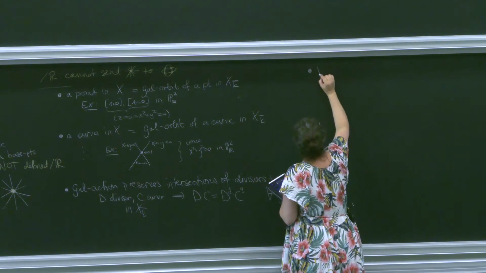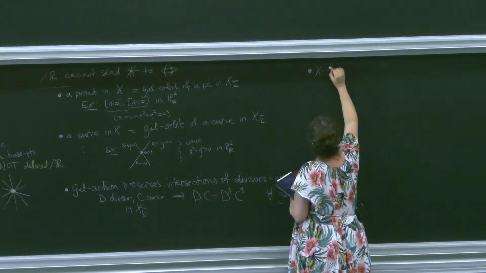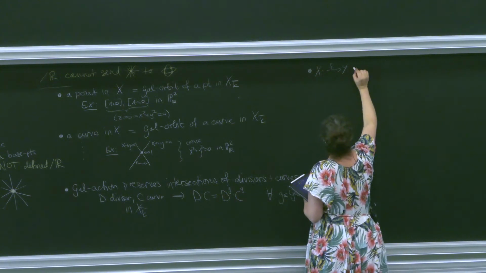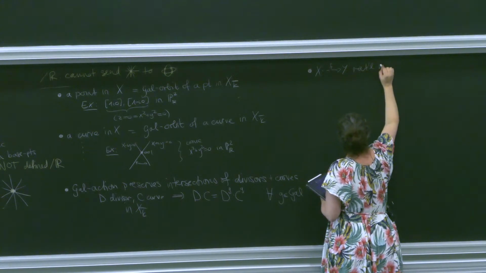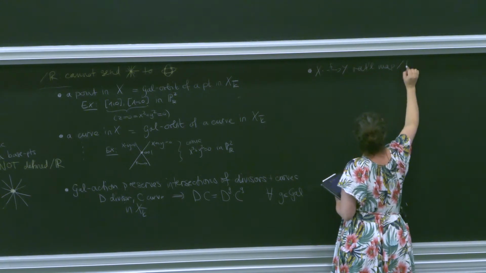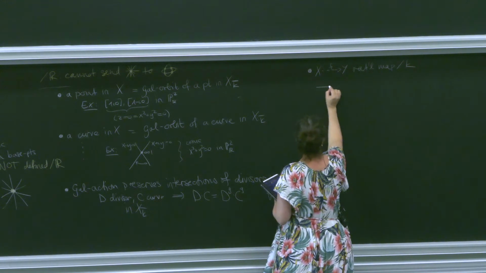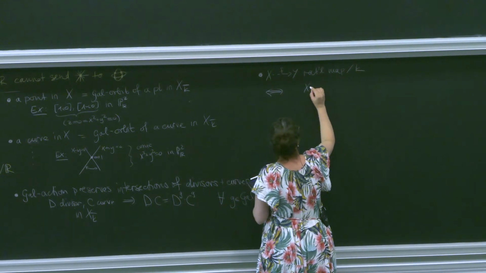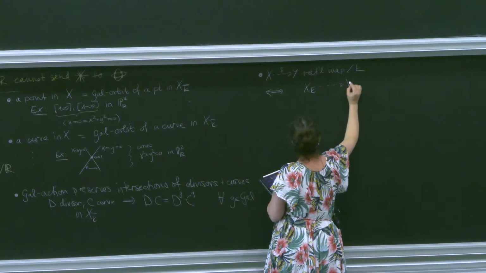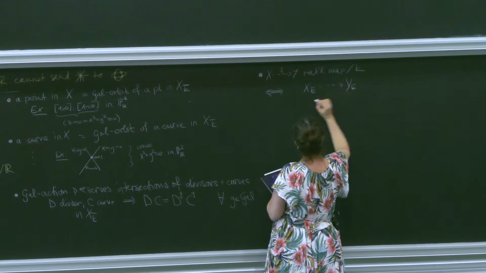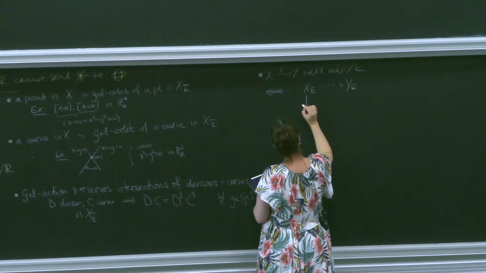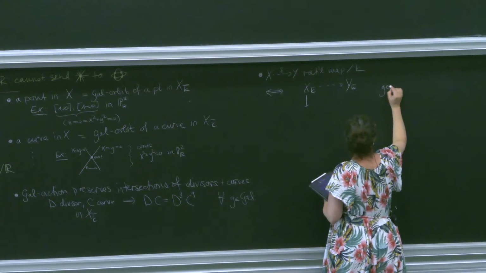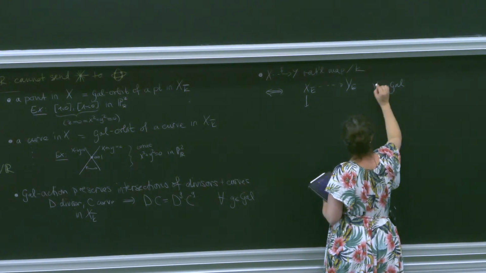So if f is a rational map from X to Y, this is the case if and only if we have a commutative diagram for all elements g of the Galois group.